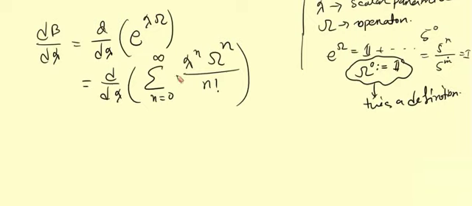So now this is a summation thing, right? And these are my omegas. So now what I'm going to do is that we are taking the derivative with respect to lambda, right? But omega is something that doesn't depend on lambda, so we can safely extract this matrix out over here.